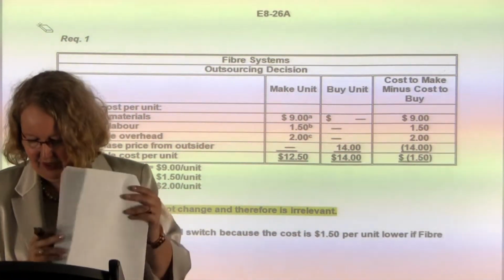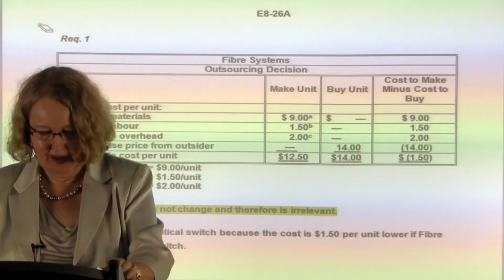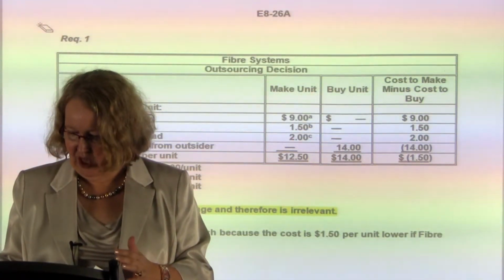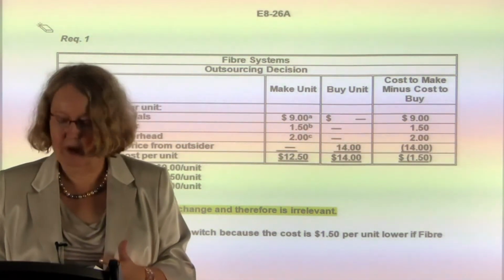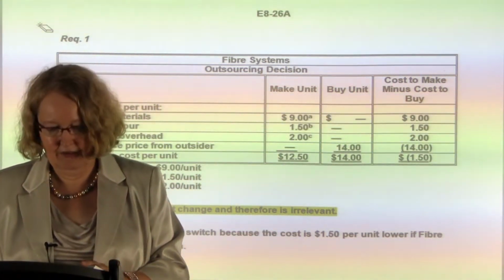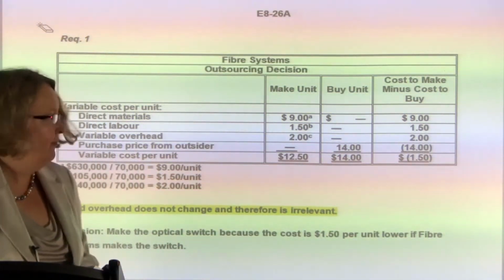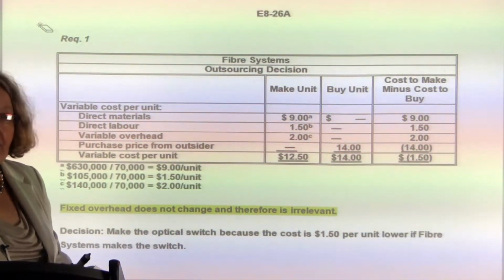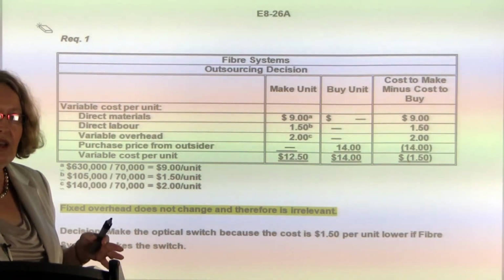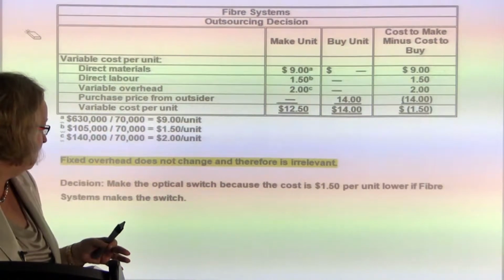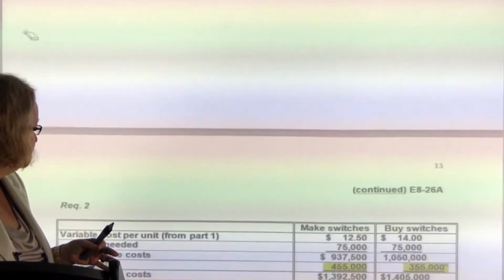So for this problem, the next thing we're asked to do is look at it a different way and assume that the company can avoid the $100,000 in fixed cost. So now the fixed costs are relevant because they're changing. The only costs that are relevant are those that change in a particular scenario.